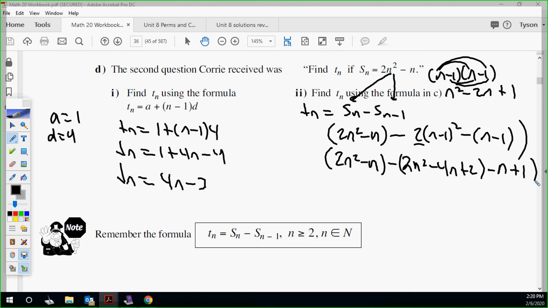And now we're just going to combine our like terms here. You're going to see it come out pretty nicely here. So look. See this right here? 2n squared minus 2n squared. Get rid of that. We don't care about that anymore. So now we have negative n minus a negative 4n means plus 4n. Okay, and it's minusing this as well, so that's plus an n.